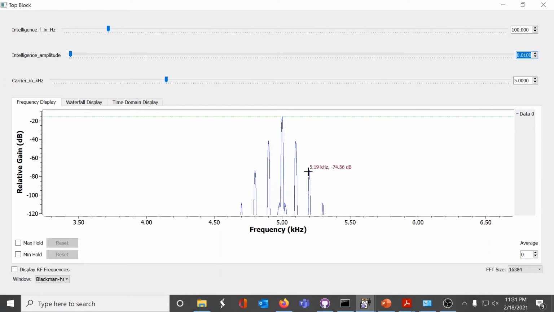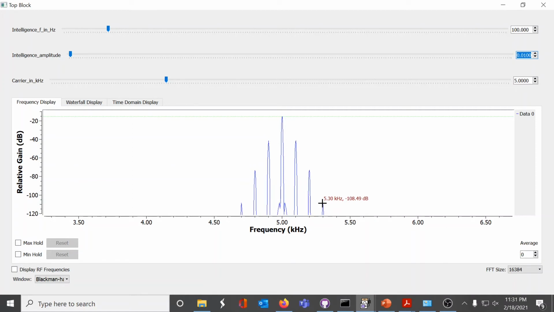There's a second sideband pair here at 5.2 and 4.8. So you could talk about this being the carrier, this being FC plus FM. This sideband is FC plus 2 FM, and this one FC plus 3 FM.